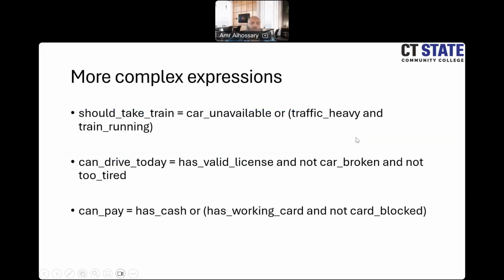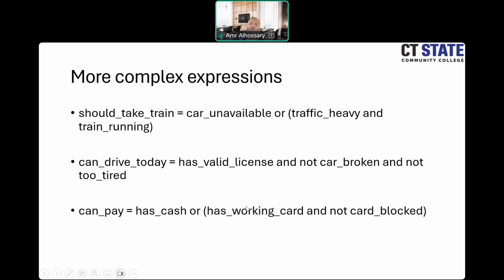Last one is I can pay if I have cash or I have a card which has both conditions true. It's working and not blocked. So blocked is false. Negated becomes true. So this is true.